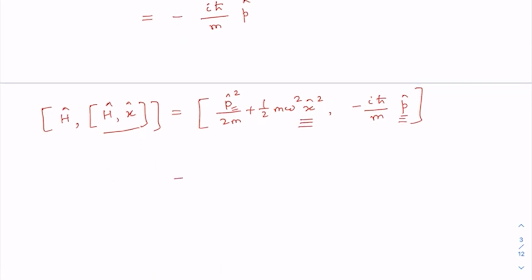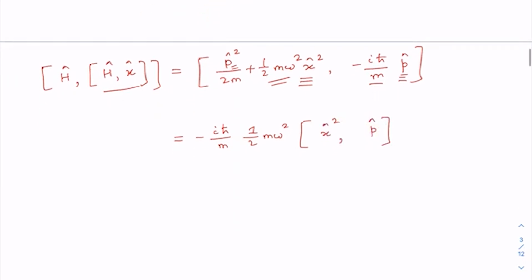So if I do that, I will have, let me take minus iħ by m from here this side, and half m omega square also, let me take it out. So I will have here x square p. Okay, and if I do this, you will get it as ħ square omega square x.